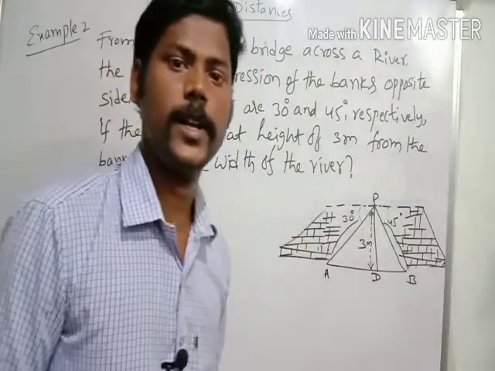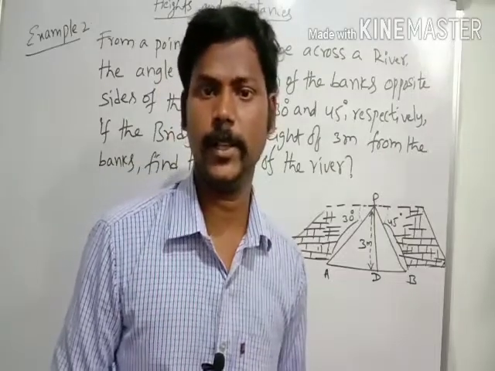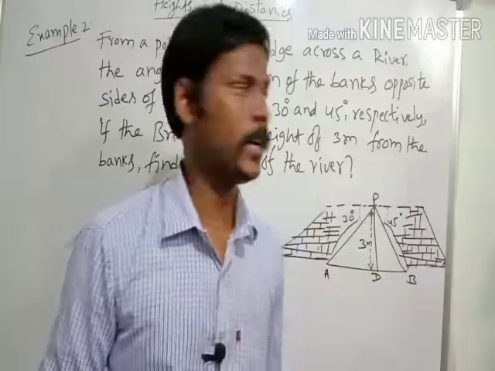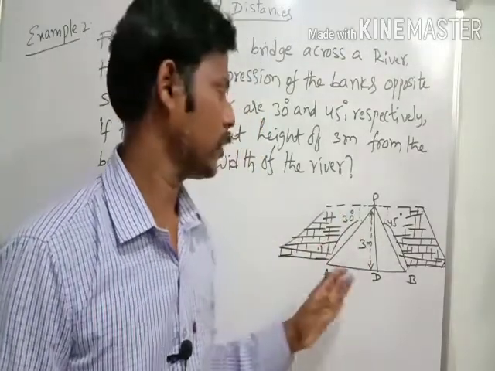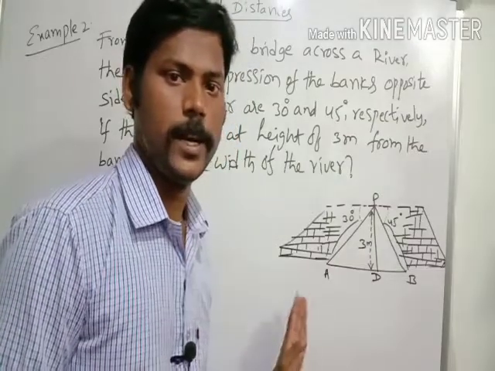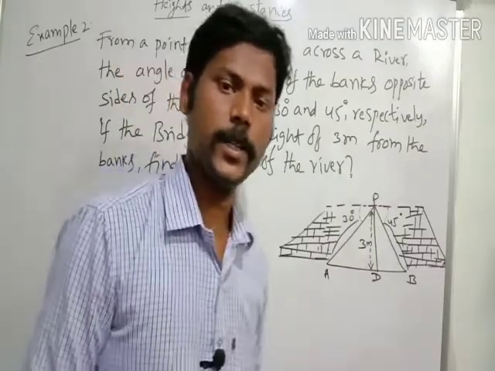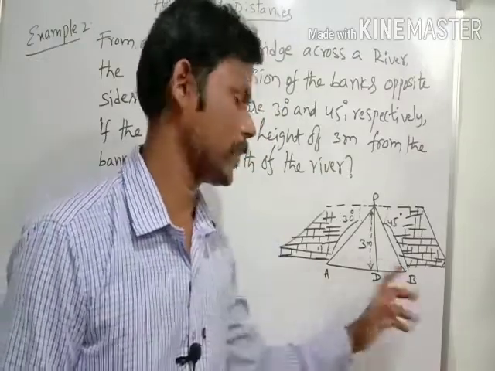So what do you understand here? When you travel on the train, you cross so many bridges over rivers. So here also a bridge is there on the river. A river contains two banks. One is the left side and the other is the right side, or one is the east side and one is the west side. So two banks are there.